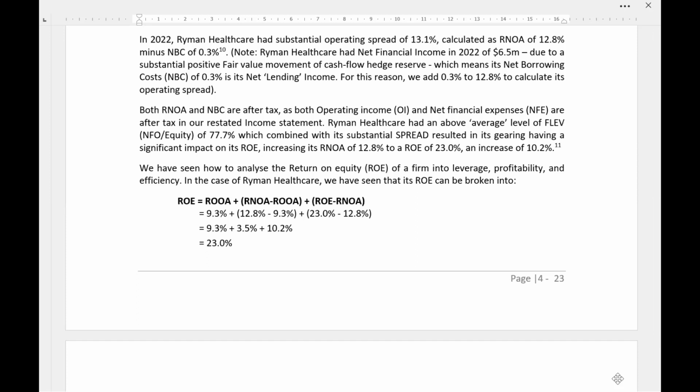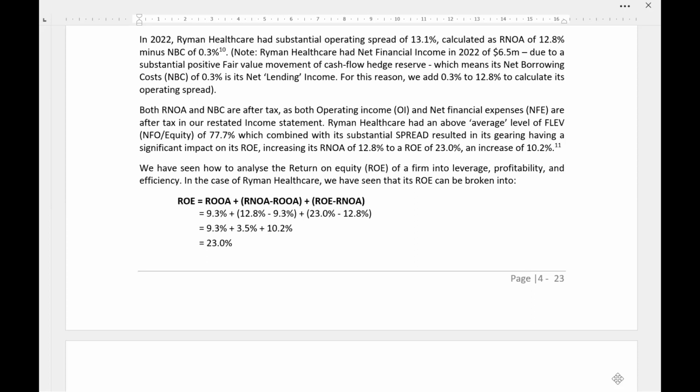For this reason, we add 0.3% to 12.8% to calculate its operating spread. Both return on net operating assets and net borrowing costs are after tax, as both operating income, OI, and net financial expenses, NFE, are after tax in our restated income statement.